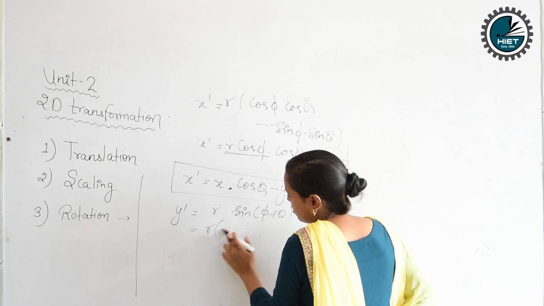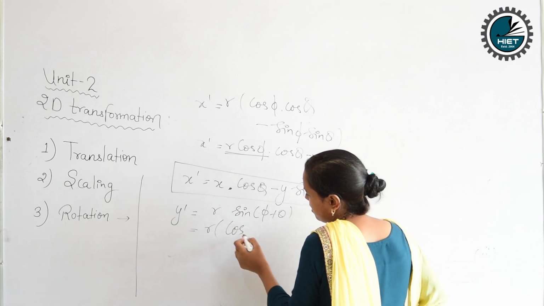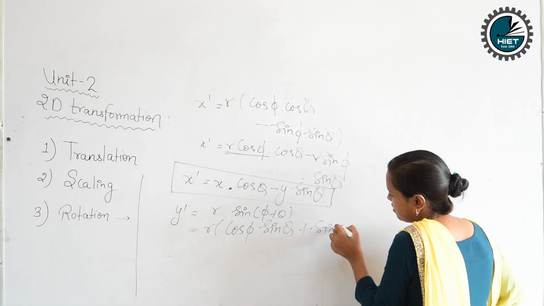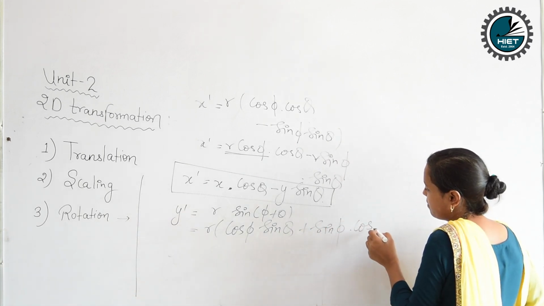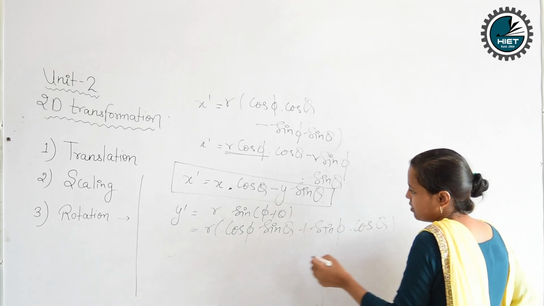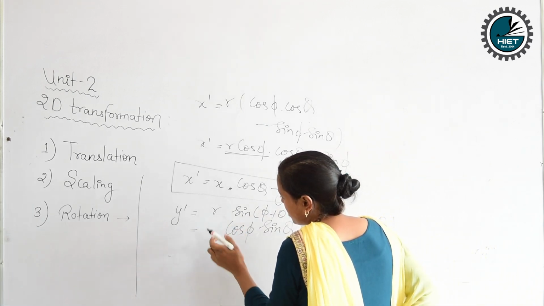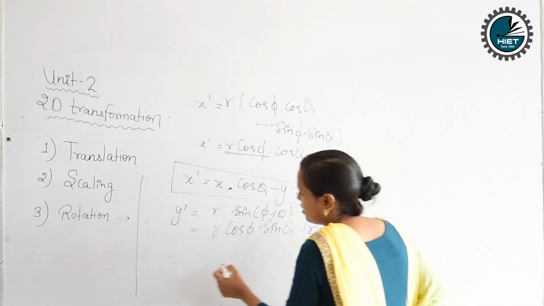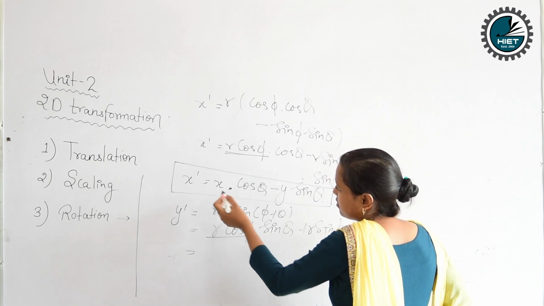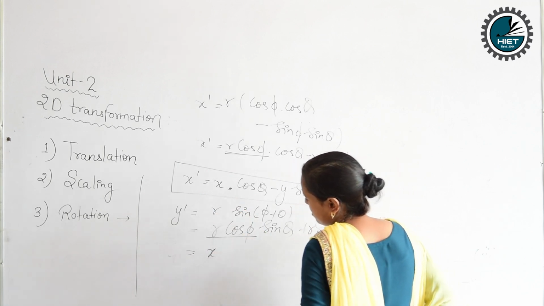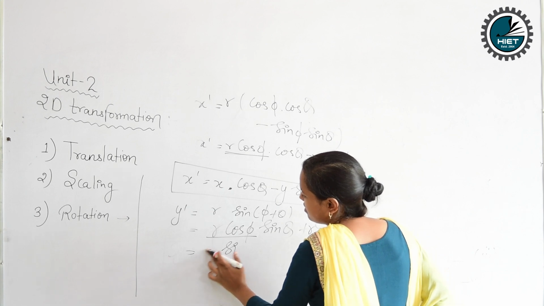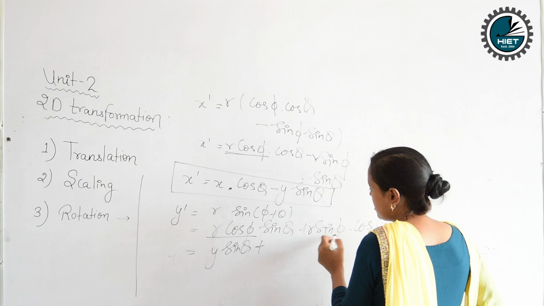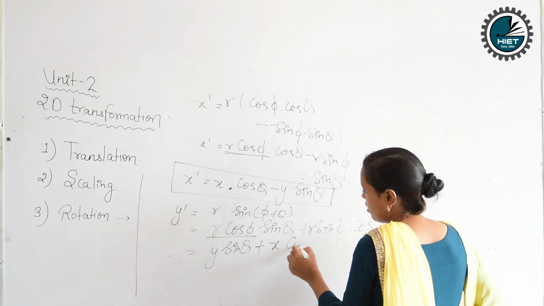What is the sin(a plus b) formula? It is sin a cos b plus cos a sin b. Multiplying by r, it is r cos phi sin theta plus r sin phi cos theta. r cos phi is x, so x sin theta, plus r sin phi, which is y, cos theta.